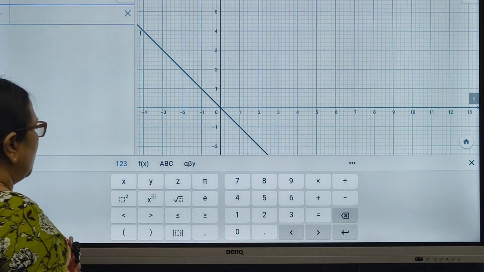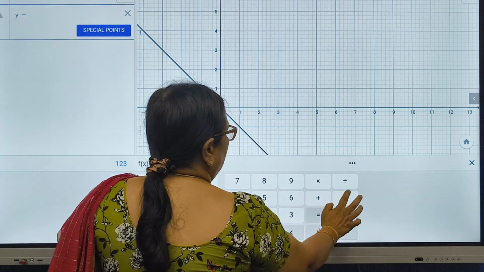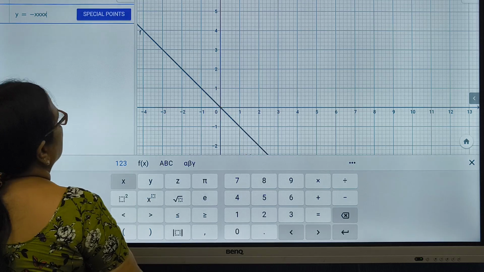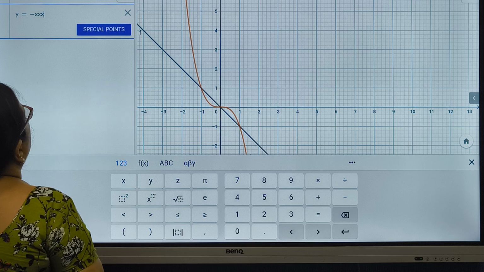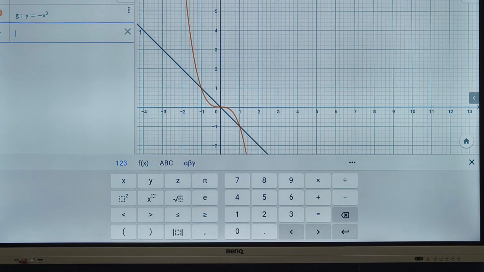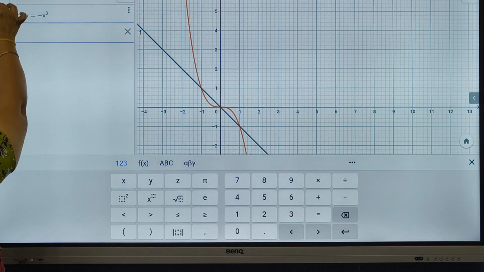Okay. Now let me draw one more curve. Y equal to minus x cube. Sorry. So this is y equal to minus x cube. One was y equal to minus x.